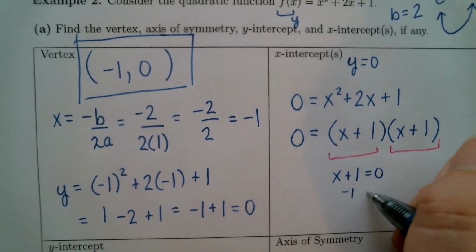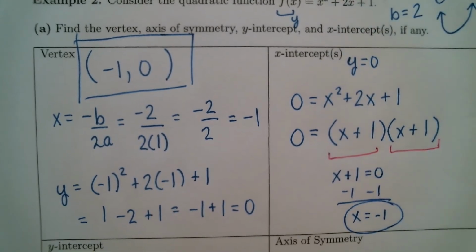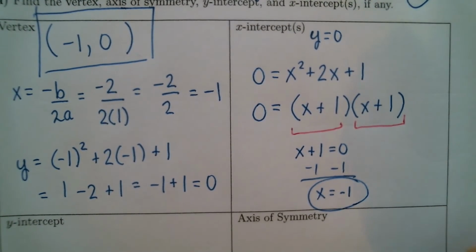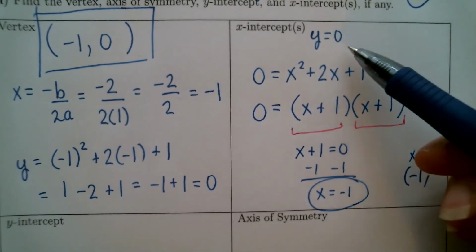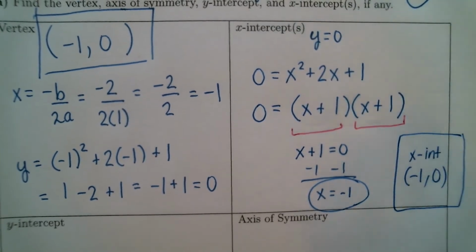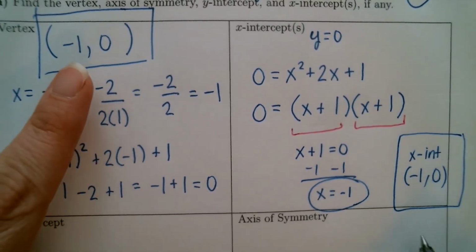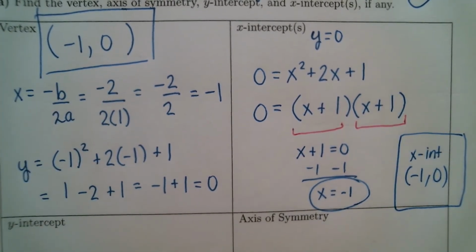Solve, and you get x equals negative 1 as your x-intercept. As an ordered pair, x equals negative 1, y is 0. This is a bit interesting because this x-intercept is the same as the vertex. We'll see what happens.